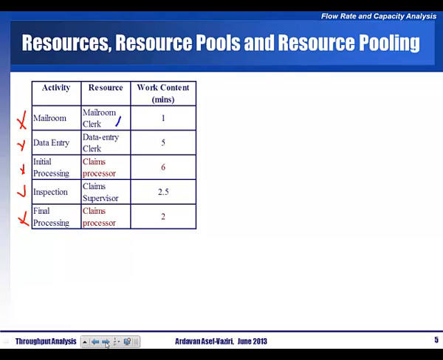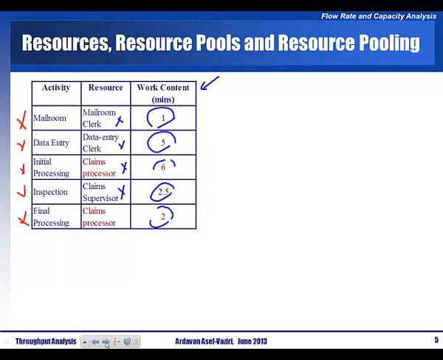We do have 4 resources, and these are the work content, the time required for each activity at each resource. Mailroom 1 minute, data entry 5 minutes, initial processing by claims processor 6 minutes, inspection by claim supervisor 2.5 minutes, and final processing again by claim supervisor 2 minutes.